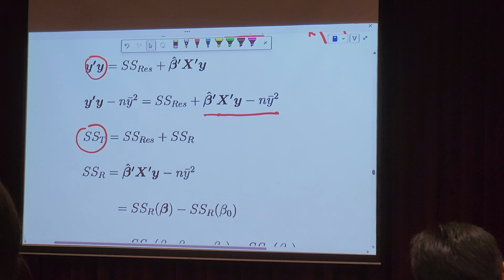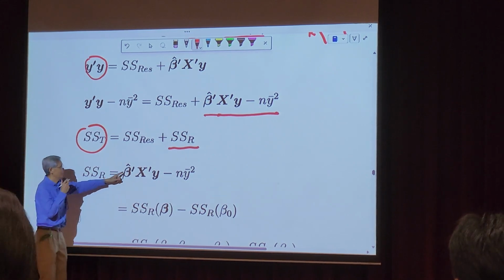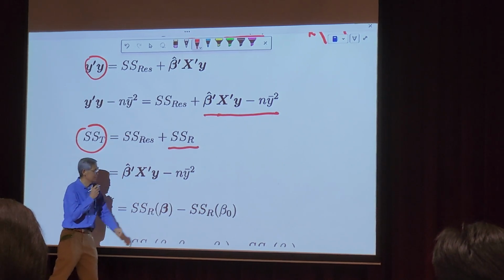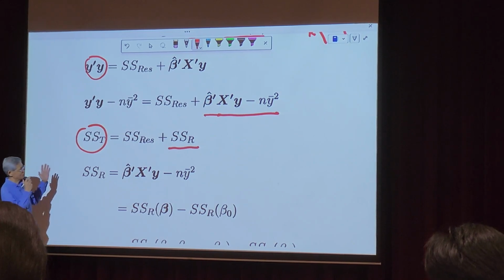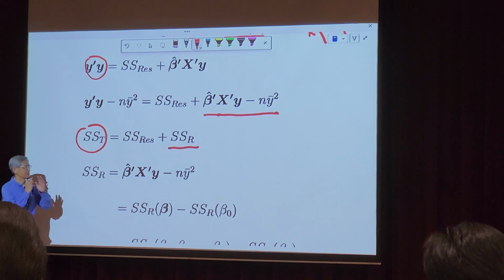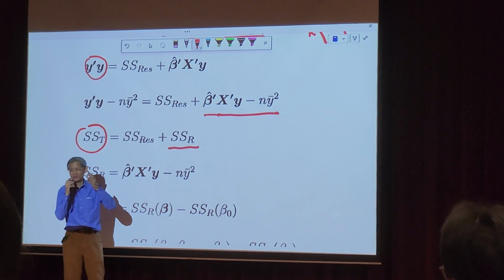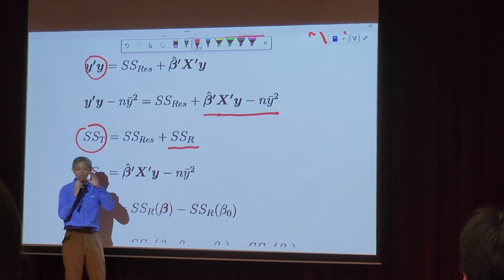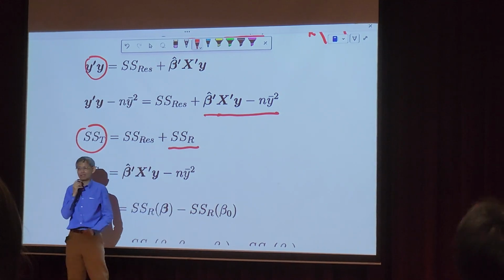SSR, as you can see, is beta transpose x transpose y minus n y bar squared. Now I can finally tell you the truth. No more lie. Okay? Sometimes I lie for a good reason, so that you can understand the idea better. n y bar squared is what? SSR beta naught.